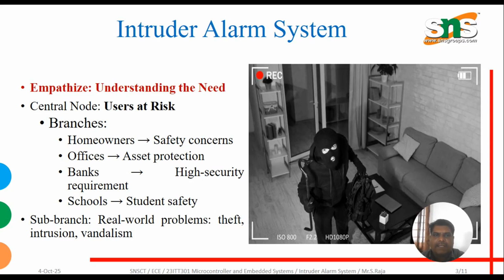The first design thinking phase is the empathize phase. In this phase, our main task is to understand the need, why we need it. For example, house owners need safety, offices need asset protection to keep files more secure, banks have high security requirements for the safety of their jewelry, money and documents, and high real estate owners must maintain that security. Schools must maintain student safety.